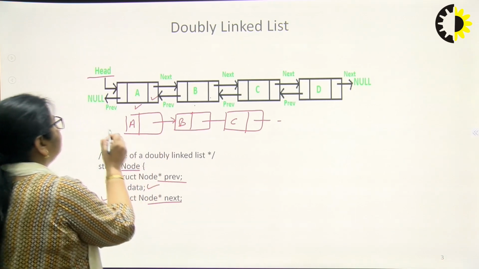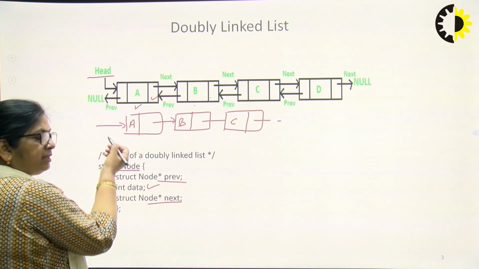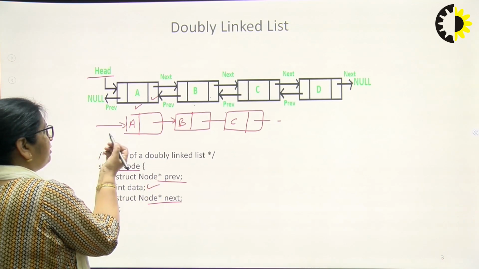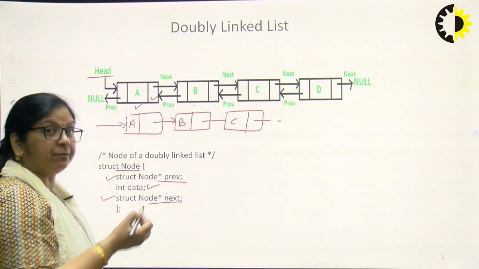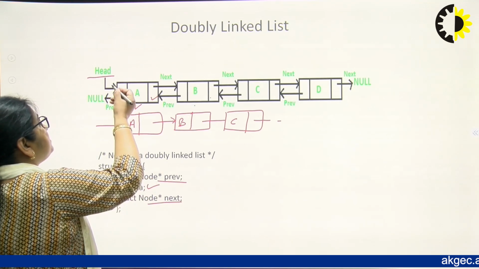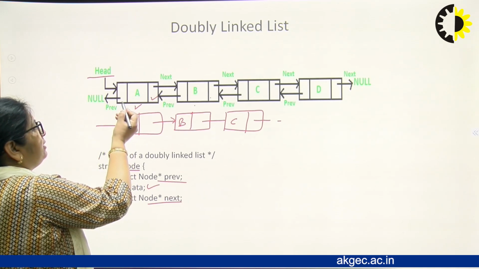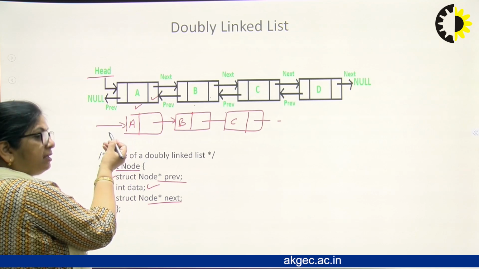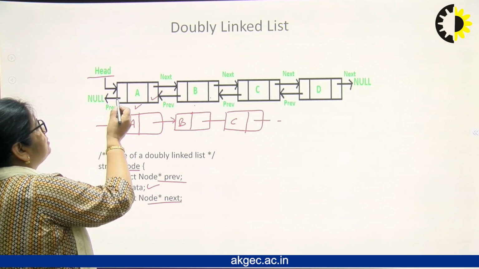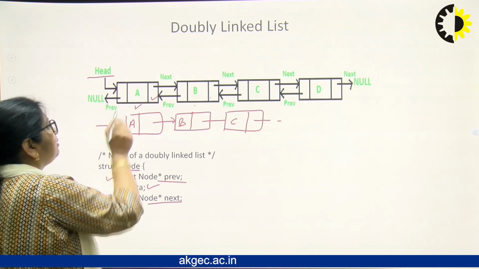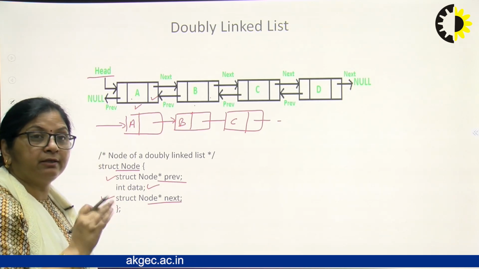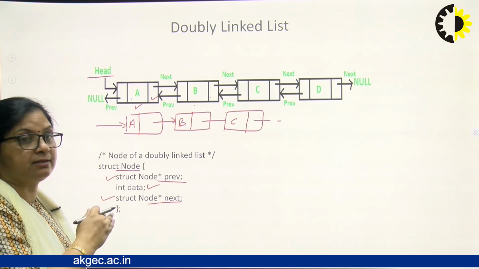The first node will be stored somewhere, let me call that head or start or whatever name we prefer. But in a doubly linked list, we also have a pointer pointing to the previous node. So in a node, we are storing the address of the next node as well as the previous node.